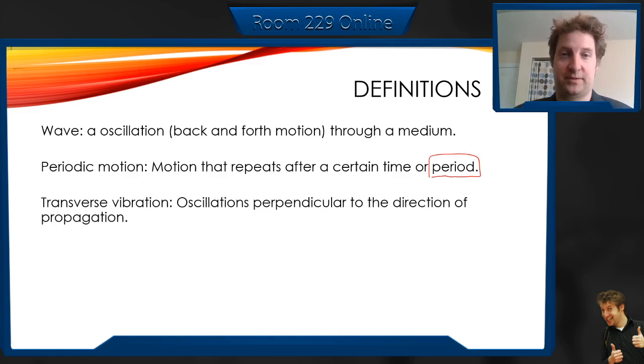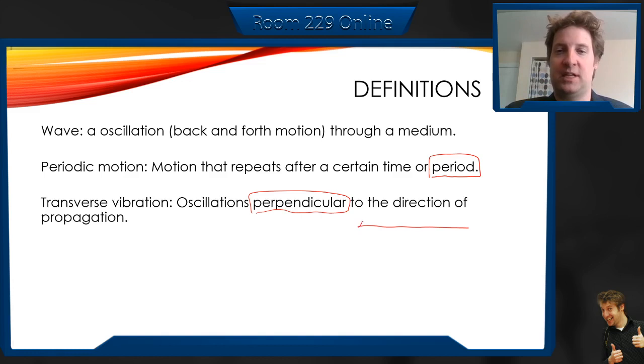Transverse vibrations. This is when we have a wave traveling in some direction, and the oscillations are perpendicular. That's the important piece. The direction in which things are vibrating is perpendicular to the propagation. For example, a guitar string, or any sort of material under tension.